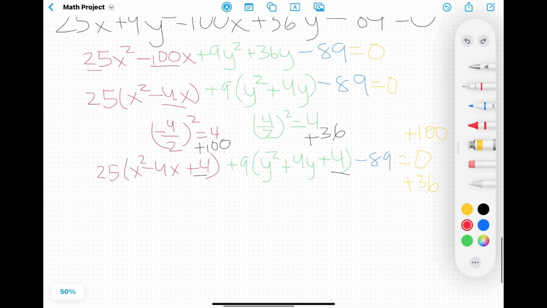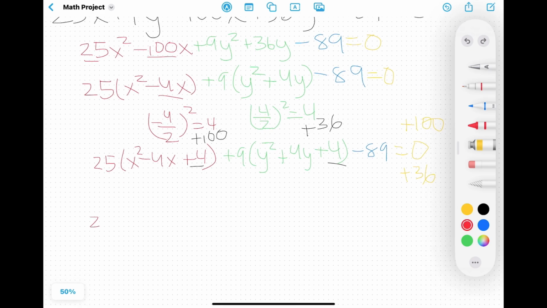Now let's rewrite the whole thing. Now let's add 89 to both sides.